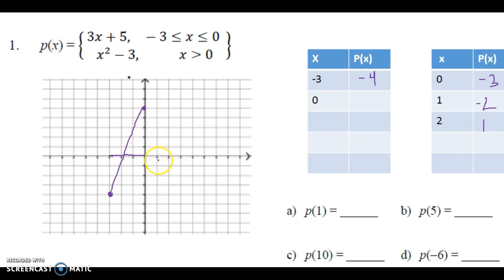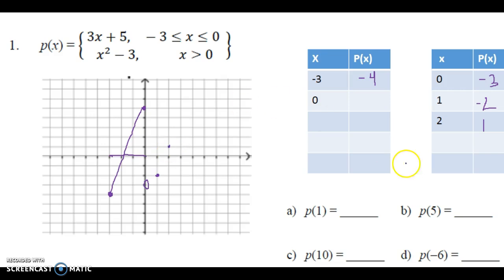I can very easily, starting at 0, -3, go ahead with my open circle here. Now, the 0 is not included, but everything else is. So I've taken care of the first point. At 1, -2, that's going to be just a closed circle. And at 2, 1.